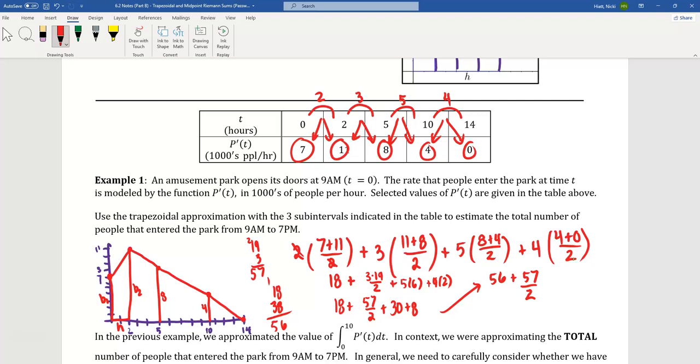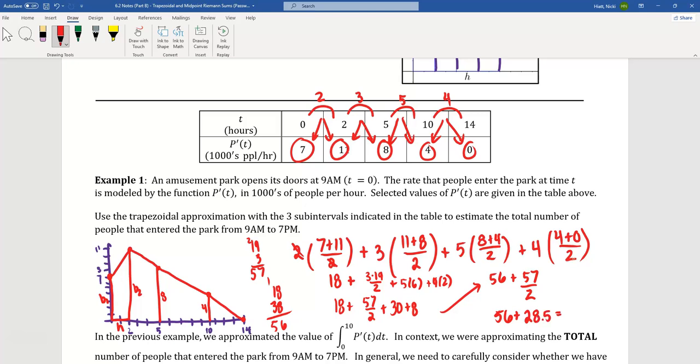And so if I want to put those together, really, we're talking about amusement parks. A fraction's not that helpful here, really, right? I would rather have a decimal in this case because we're talking about in context of an amusement park and number of people and things like that. A decimal would be more helpful. So half of 57 is going to be, let's see, half 50 is 25, then 28.5.